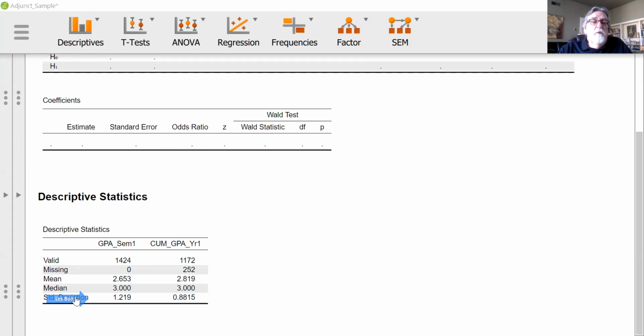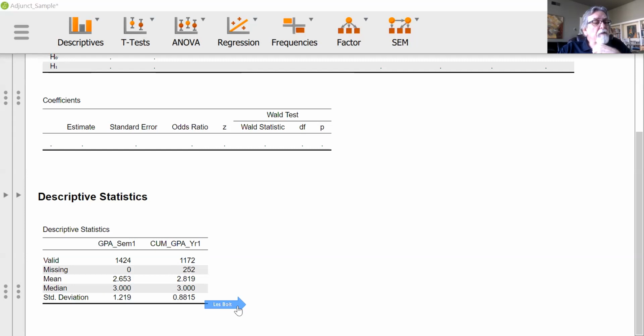Now, if you look at these, first off, you can see the mean is lower than the median in both cases, which means that the distributions of GPA semester one and cumulative GPA year one are skewed to the left, in a negative direction, because the mean is below the median. And the standard deviation is 1.22 and 0.88.